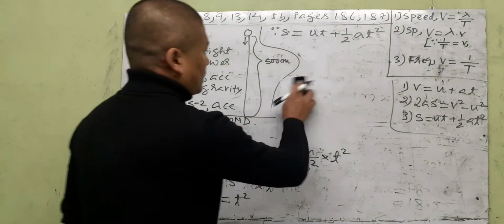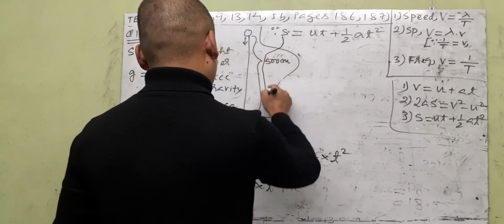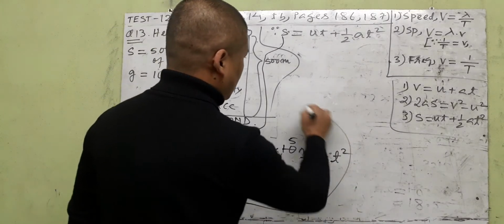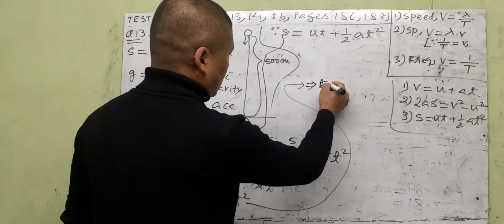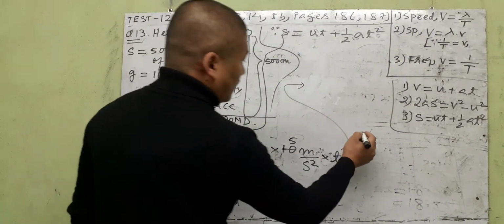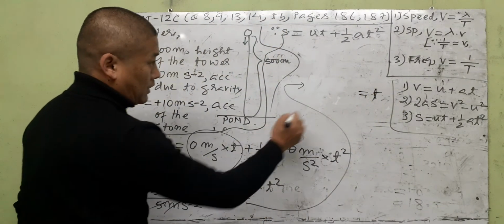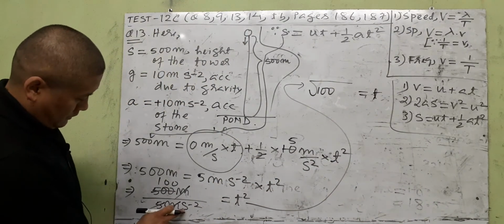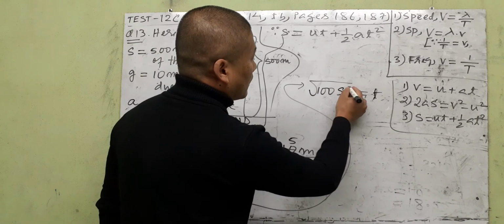So that will give you t equal to, we may as well write this here, t, then you remove the square, then the root of 100 will come, then this second to the power minus 2, bring it up, it will become second to the power plus 2.